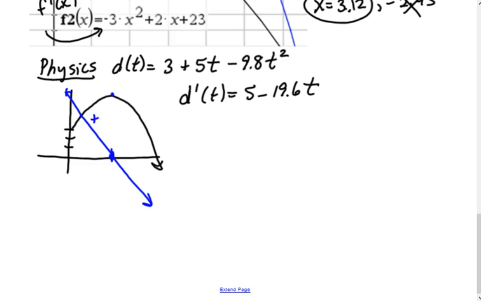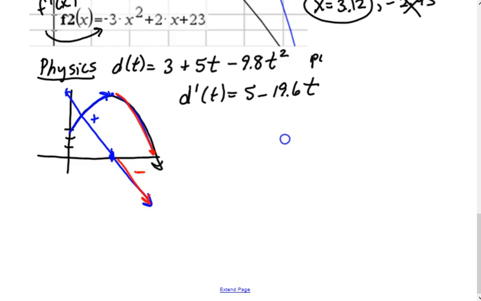Up here we would have positive velocity. Down here we would have negative velocity. So positive values for velocity and negative values for velocity, because the first graph is the position of the ball at time t.